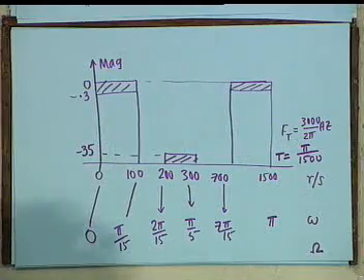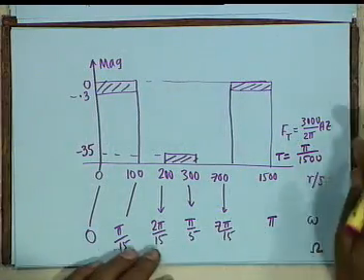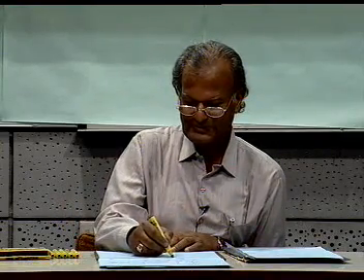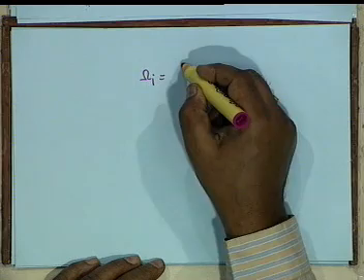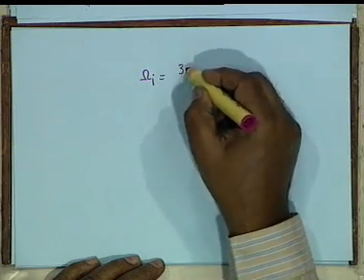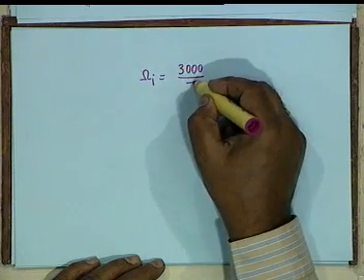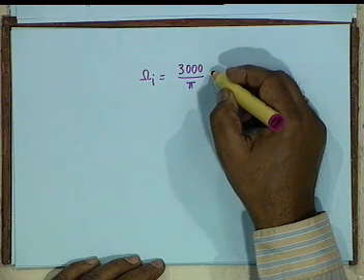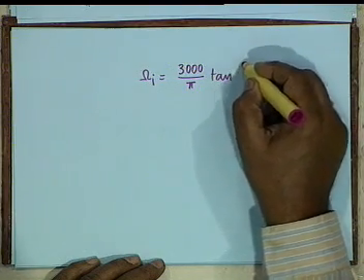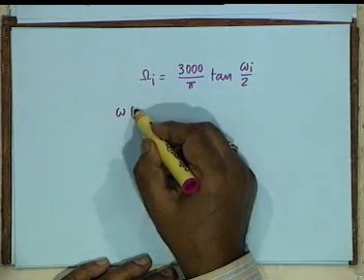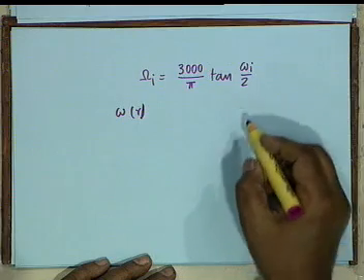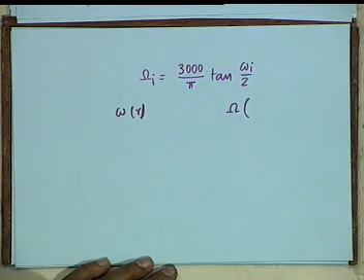The next step is to calculate the capital omegas for the analog filter corresponding to this, and this calculation is done by using omega I is equal to 2 by T, which would be 2 by T means 3000 divided by pi, okay, 2 by T tangent of omega I by 2, and my calculation gives the following: omega in radians, the corresponding capital omega, what is the unit?